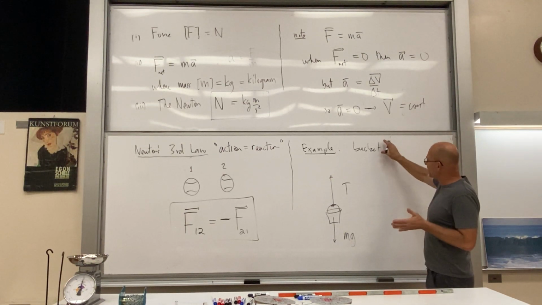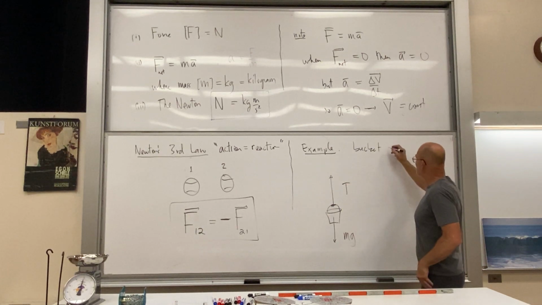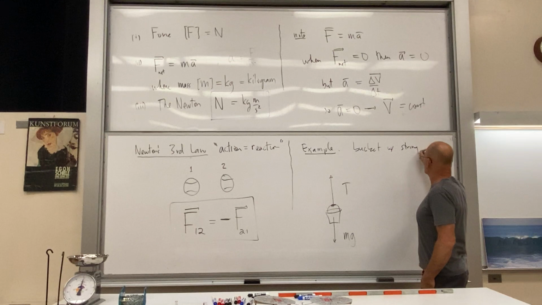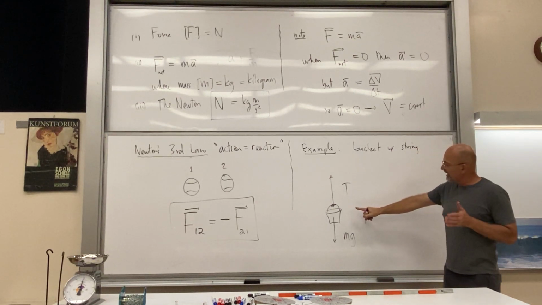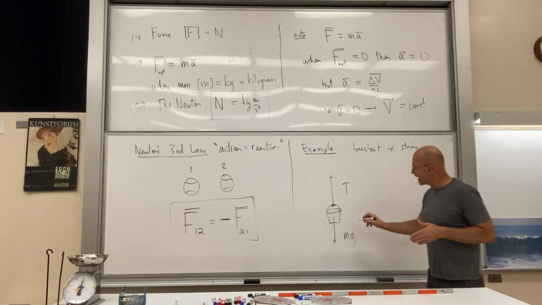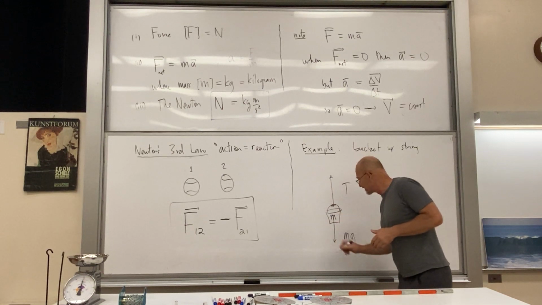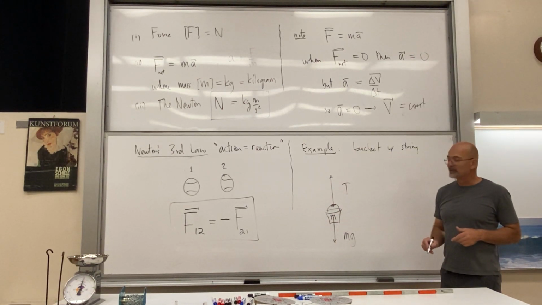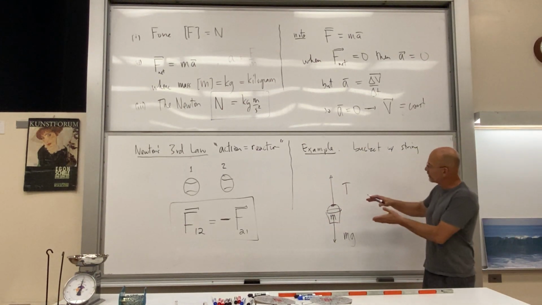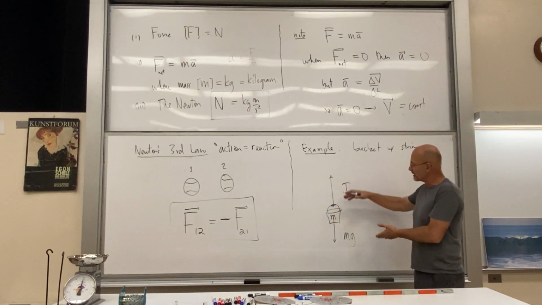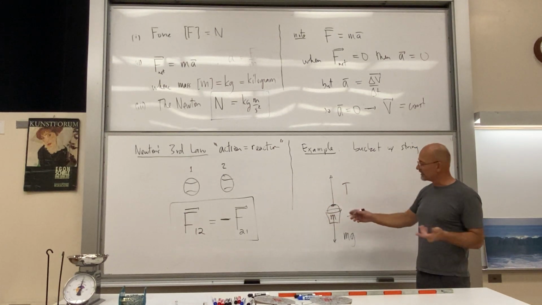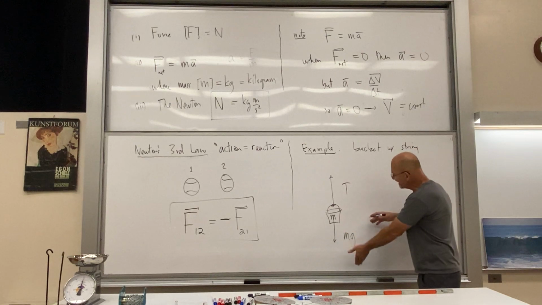So there's a bucket with a string. And this is the example of the free body diagram. So I would label this bucket with M for its mass, and then I would write down the two forces acting on it, or all of the forces acting on it. In this case, there's the weight and the tension.